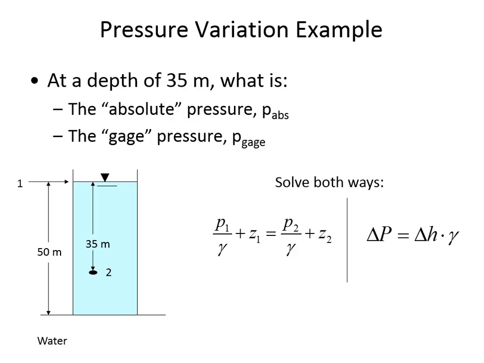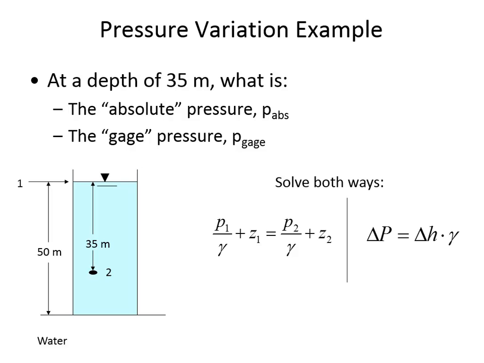Thanks for noticing. All right, so in this example, what we were trying to do is compare, just to make sure that you get the same answer, either by the full hydrostatic equation or by just keeping track of the change in pressure. And so also looking at what is the pressure on an absolute basis versus a relative basis.